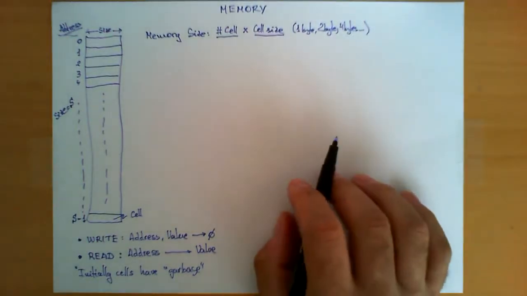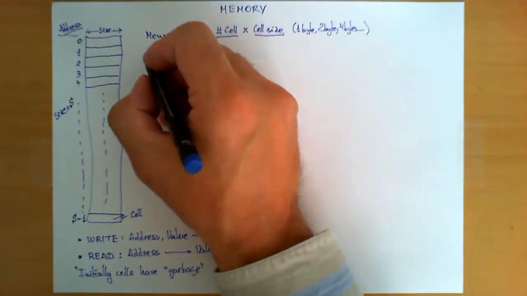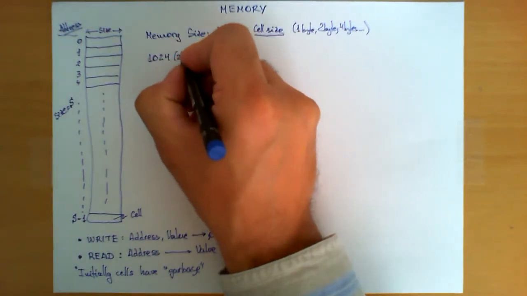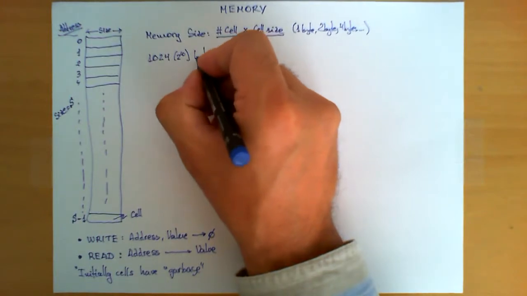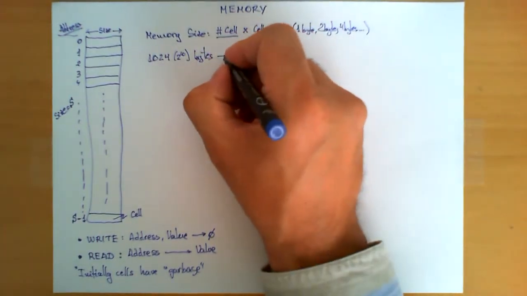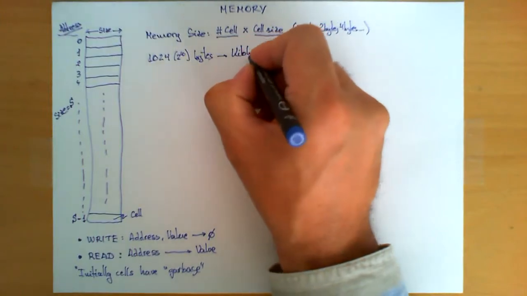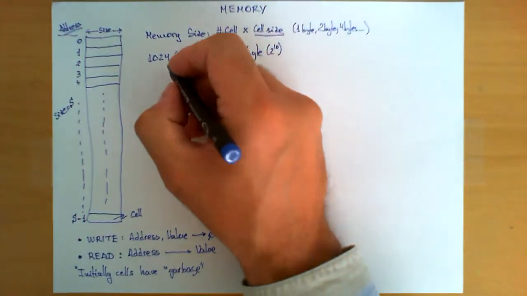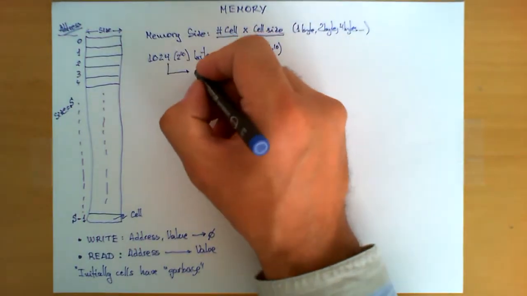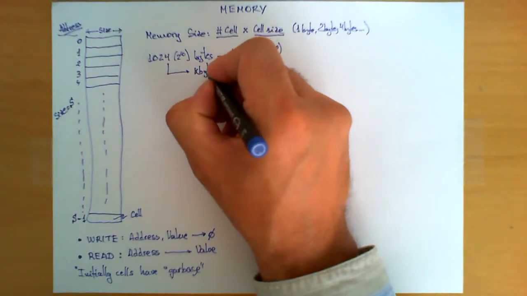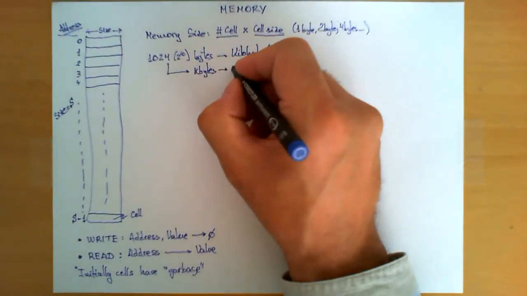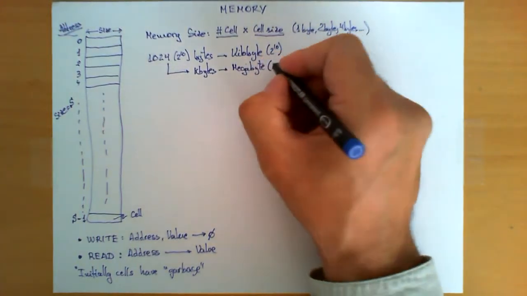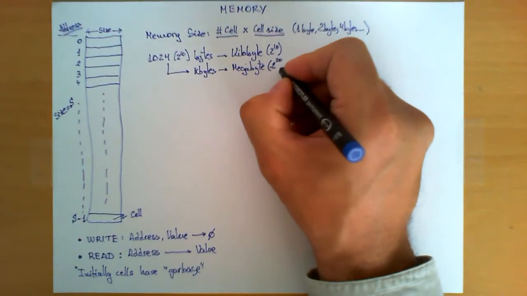Now, the units in which memory is typically measured are bytes. But when we have 1024 bytes, which is 2 to the 10 bytes, that unit we call a kilobyte. When we have 1024 kilobytes, that unit we call 1 megabyte, or, if you do the math, 2 to the 20 bytes.